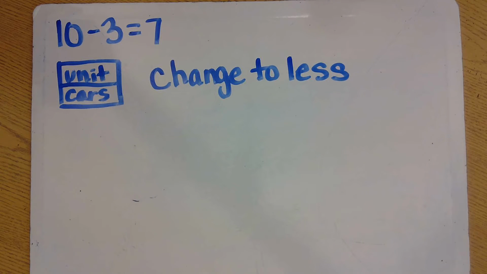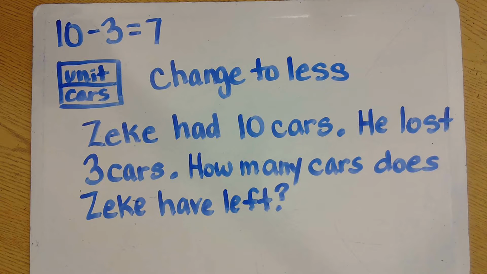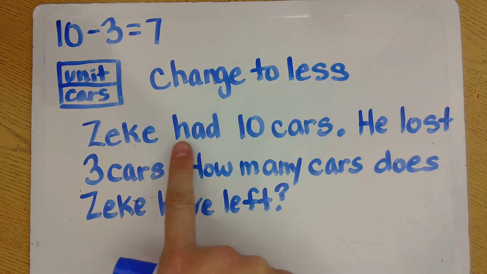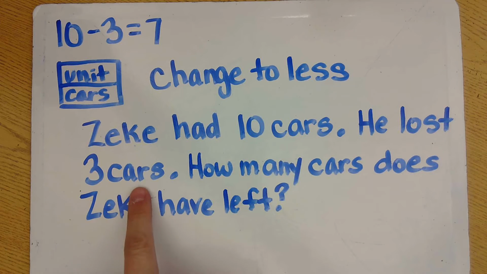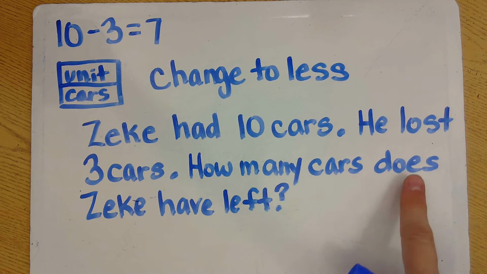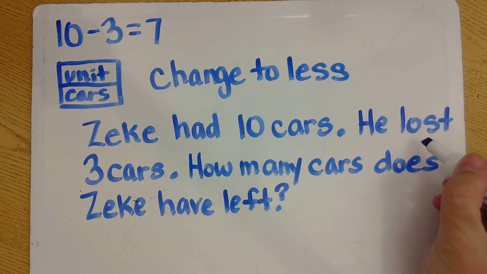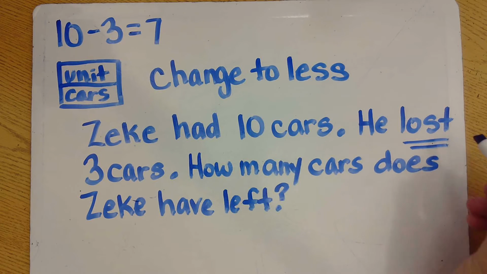Let me go ahead and give you an example of a change to less story. Here is the example. Zeke had 10 cars. He lost 3 cars. How many cars does Zeke have left? When I see words like he lost, I'm going to know that that is a subtraction number story.